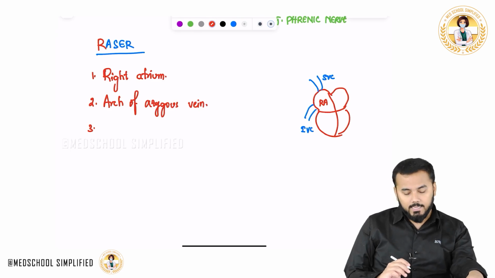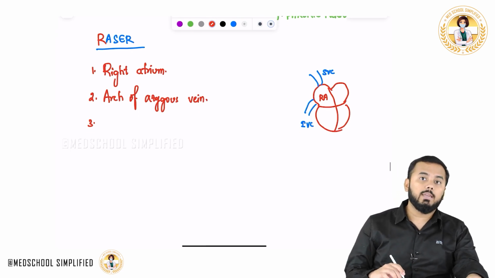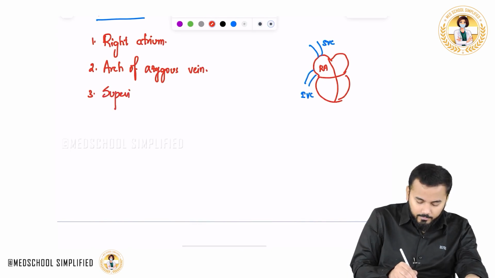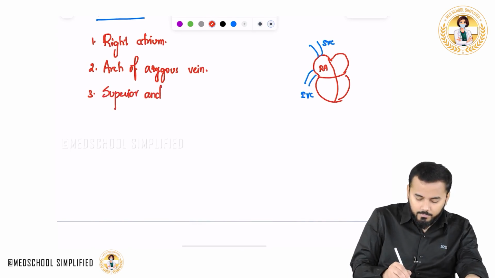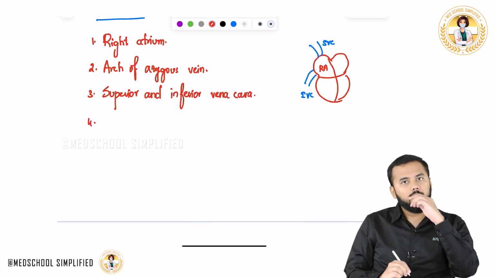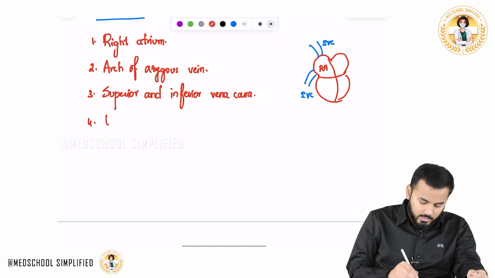Third important thing is S. What is this S here? S here stands for superior and inferior vena cava. And the fourth important thing is we have even got esophagus as well as trachea.